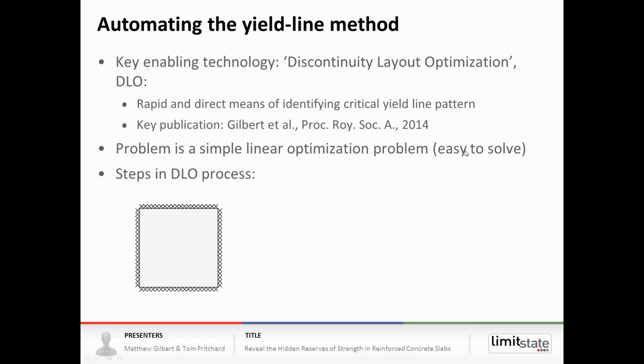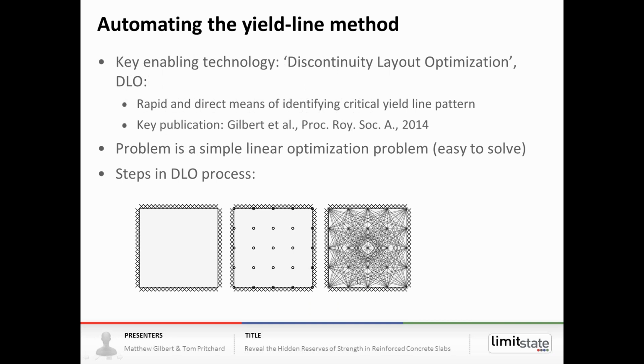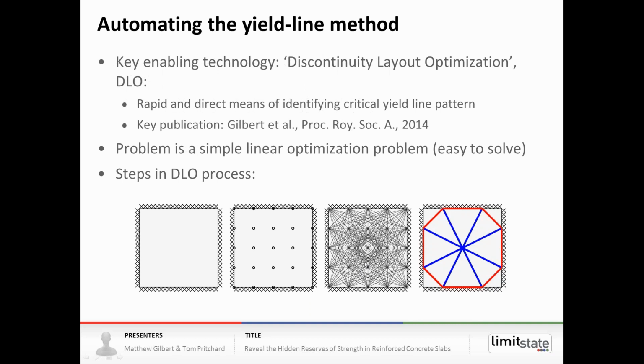And we demonstrated that the problem actually boils down to a simple linear optimization problem. So the steps are as follows. We start off with our slab, support conditions, load conditions, etc. We discretize the slab with nodes. We interconnect those nodes with potential yield lines, and then we use optimization to find the critical yield line pattern.